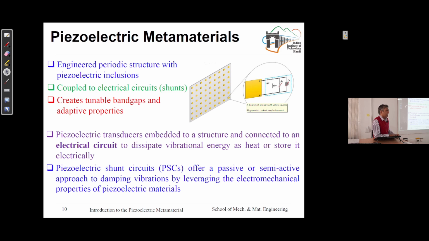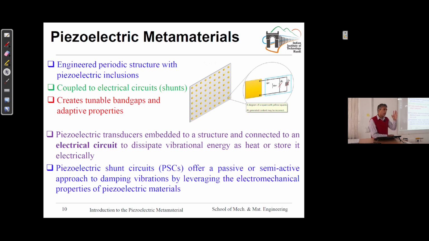Those who are working with or are aware of piezoelectric materials may be aware of the smart structure where we have a sensor, actuator, and controller. Basically, it senses the vibrations and then applies force by the actuator on the structure.